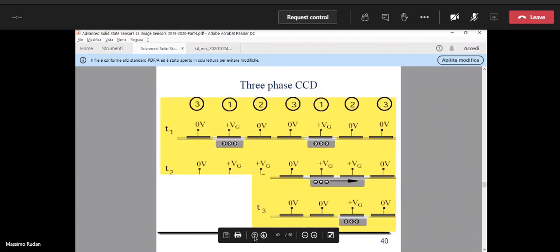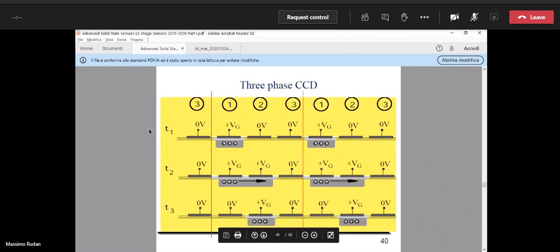And now we have to look at possible evolutions of this architecture.